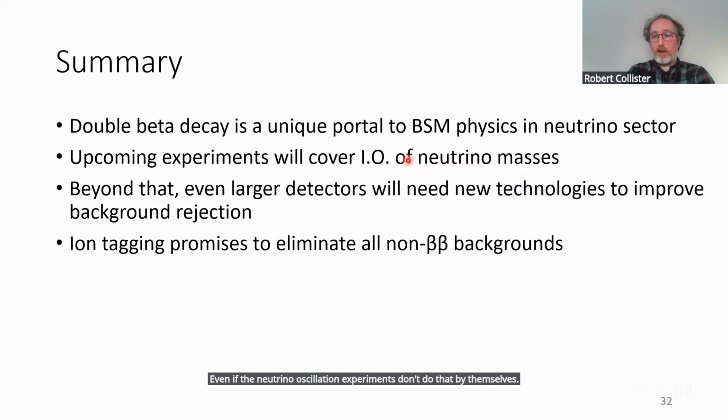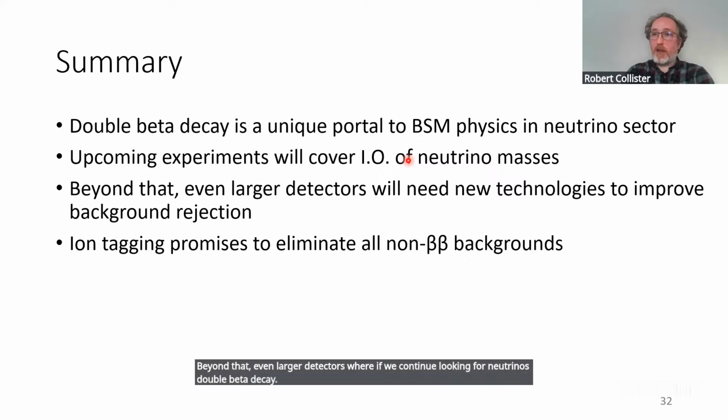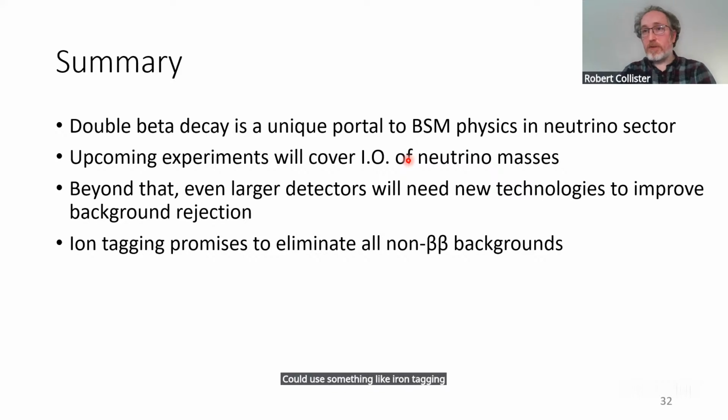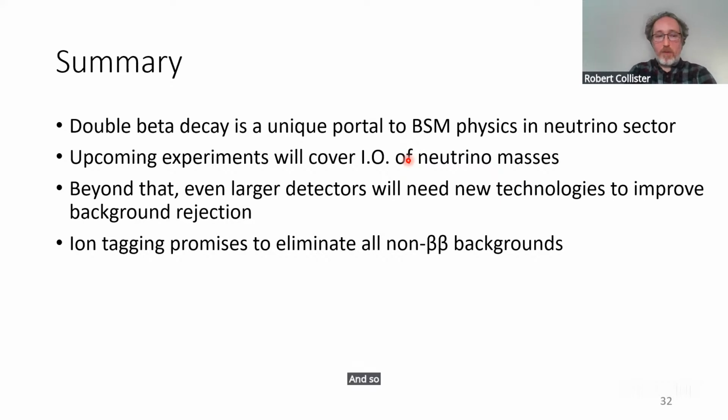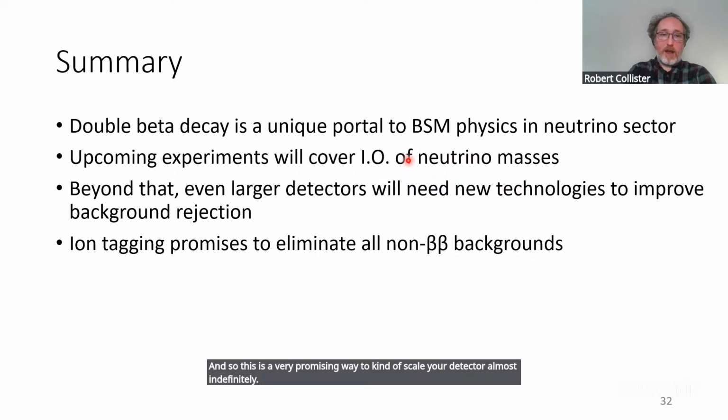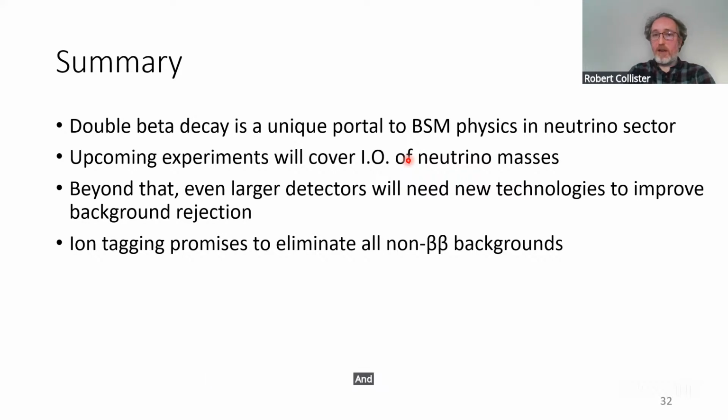Beyond that, even larger detectors, where if we continue looking for neutrinoless double beta decay, could use something like ion tagging to really get their backgrounds down, because as you get a larger detector, you get additional sources of background, more surfaces that radioactives can emanate from. And so this is a very promising way to scale your detector almost indefinitely. And that's the promise of ion tagging, where you could eliminate all non-double beta decay backgrounds.